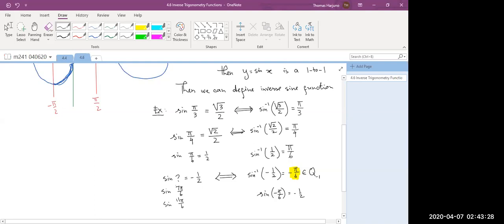The problem is 7 pi over 6 and 11 pi over 6 are not in the restricted domain.